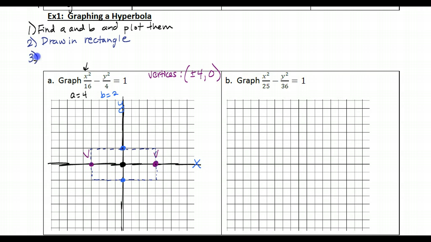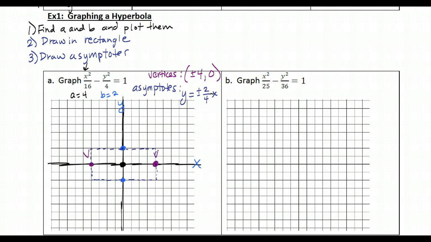Step 3, we're going to draw our asymptotes. And you go perfectly in a line from the center to the corner, but it's possibly better if you first think about what's happening here. So it's an equation of a line, y equals, but the slope of this line I'm going to draw in is 2 over 4 this time, because I'm going up 2, right 4.